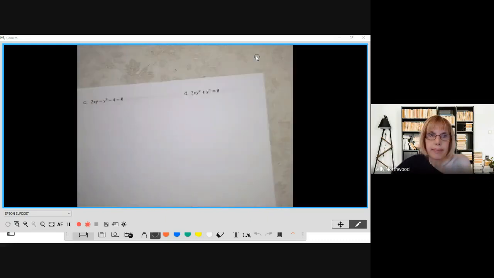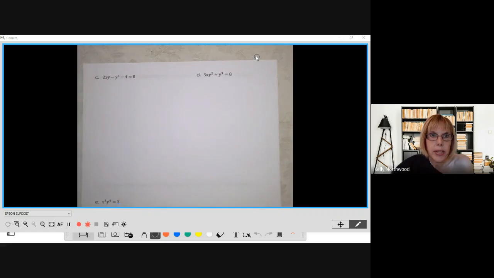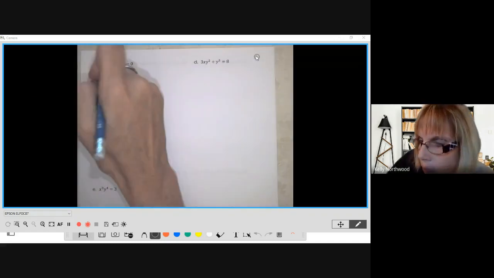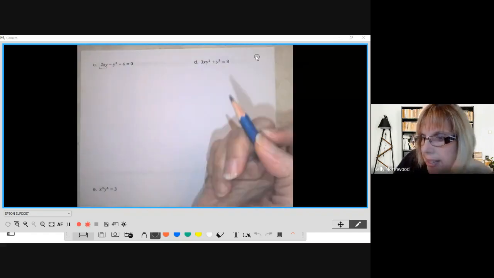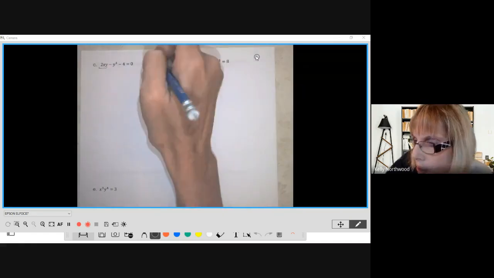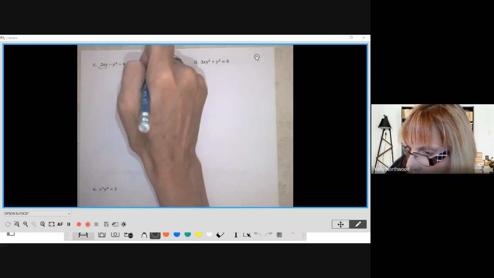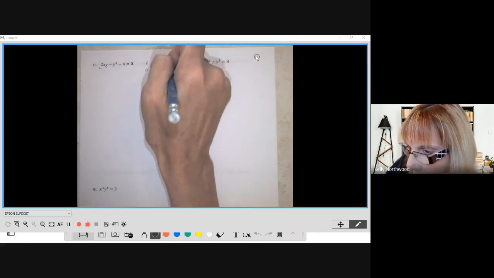Okay, our next one. So C: 2xy minus y cubed minus 4 equals 0. So right away, I see 2xy, and I see that's going to be a product rule. So I'm going to write off to the side here. So my first function is 2x, and my second one is y.